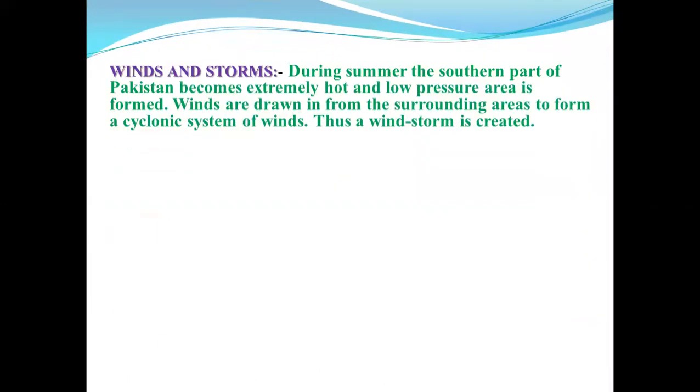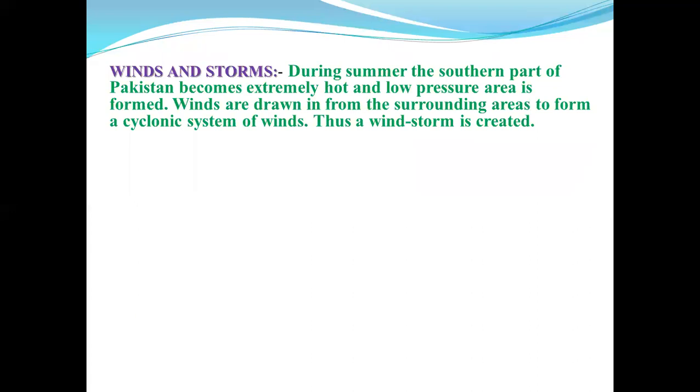Dear students, the next topic is winds and storms. This is also a cause of environmental problems. During summer, the southern part of Pakistan becomes extremely hot and a low pressure area is formed.